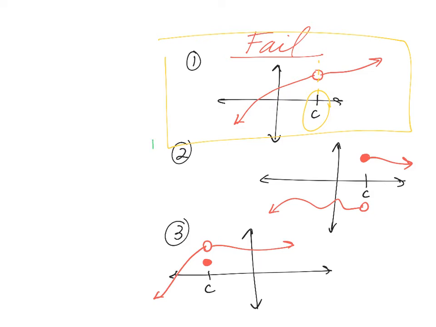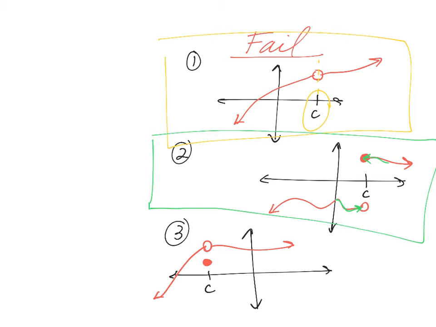In number two, this is failing the second part of the definition. If you notice, as we approach c from the left and from the right, we would be predicting different y values. Therefore, this function is not continuous at the x value of c.